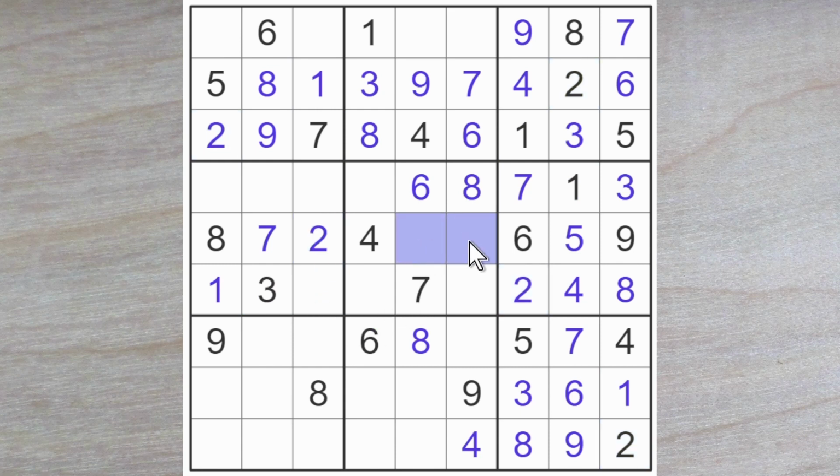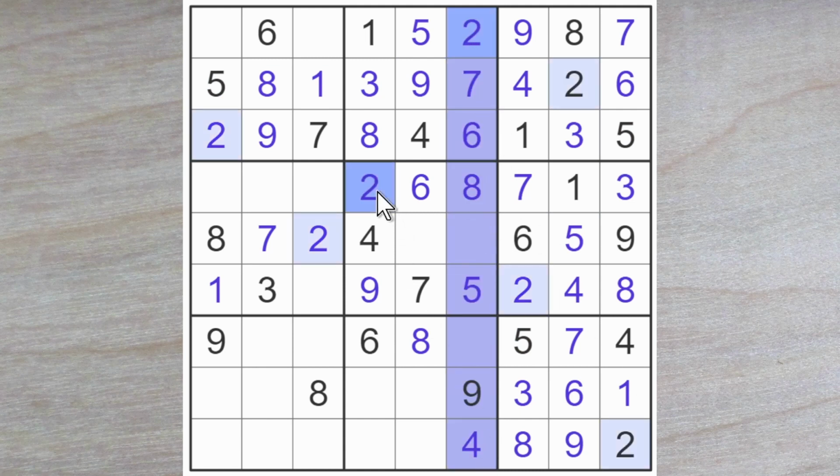So a 1 and a 3 here, that leaves 3 squares, and they have to be 5, 9, and a 2. 2 blocks across, so here's a 2, and here's a 9. And this must therefore be a 5, which blocks up, making this a 5, and this must be a 2.